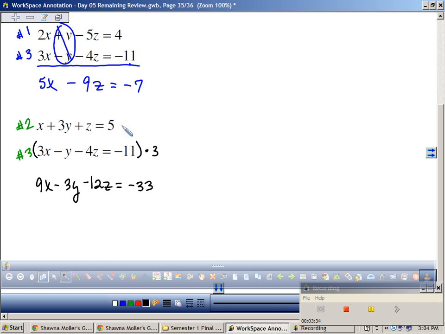So there's that one. I'm going to put this one right underneath it so I don't make any mistakes. x plus 3y plus z equals 5.